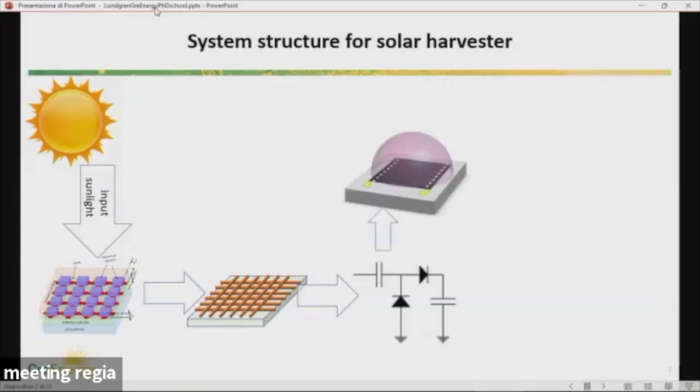And then eventually it's going to be delivered somewhere to something that will use this power.